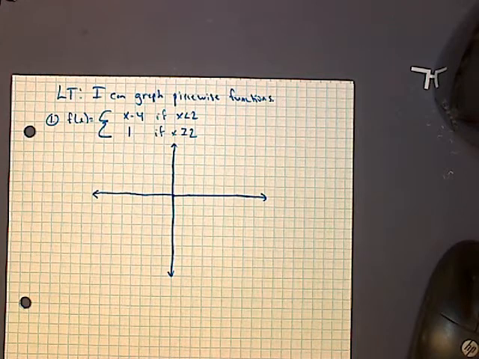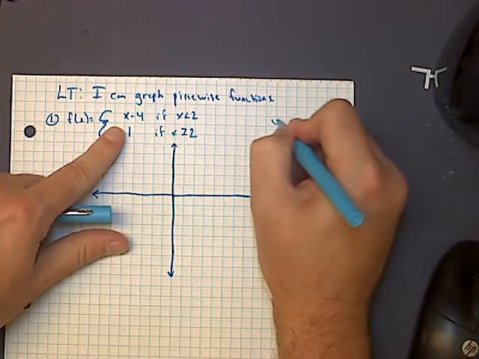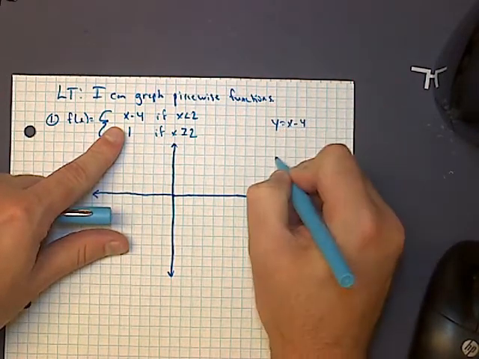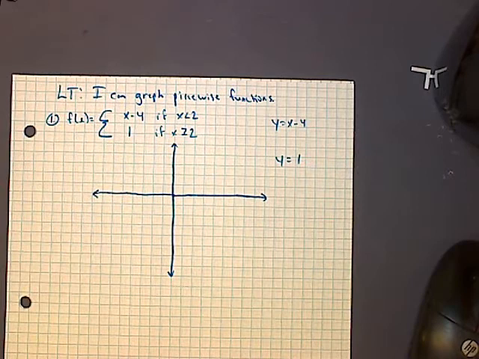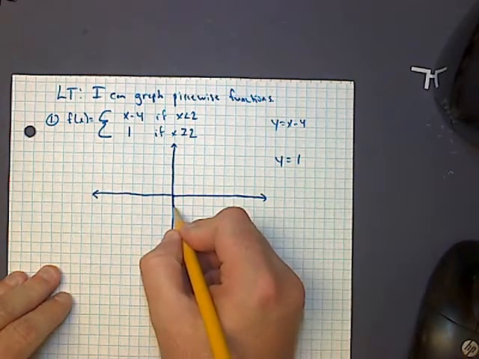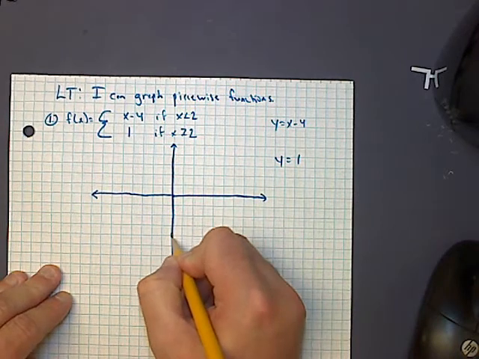Alright, so let's look at the 2 lines we're going to originally graph here. Y equals x minus 4 and y equals 1. Now this first one is a linear function. You should be able to identify that by now, and you can use slope and y-intercept to graph that. Take a pencil. Y-intercept's -4. 1, 2, 3, 4.